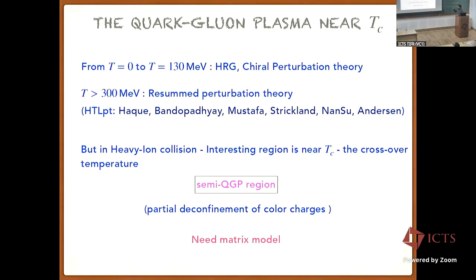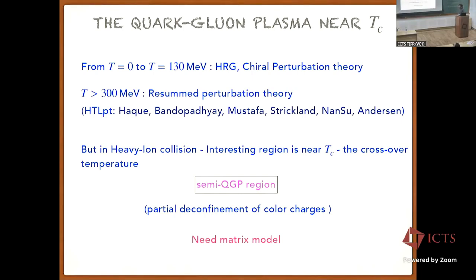In the perturbative region, quarks are fully deconfined, free. Here quarks are not free, but you have some partial deconfinement. There are some free quarks and also some confined color charges.